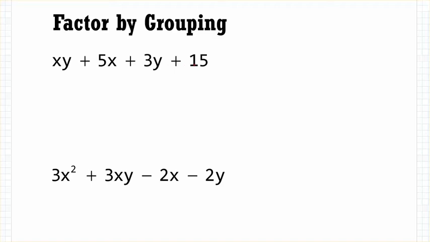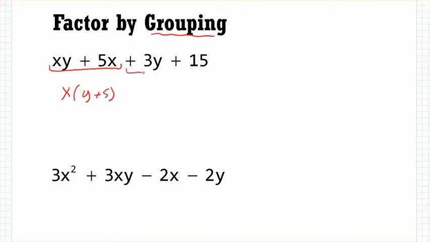Same thing with the y. So what we can do, and this is the idea of grouping, we can look at the first two terms. And if we look at xy plus 5y, we can actually factor out an x. So what we have is x times y plus 5.